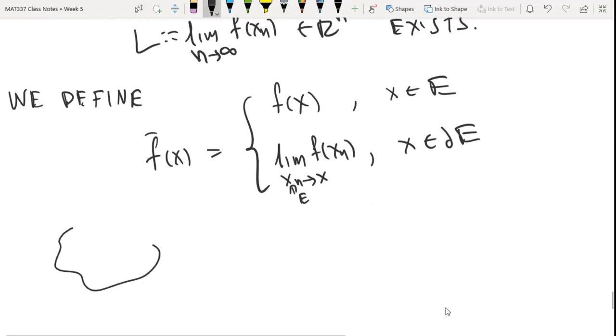We started from some set E, and we defined it internally, and then on the boundary, we consider the Cauchy limits.